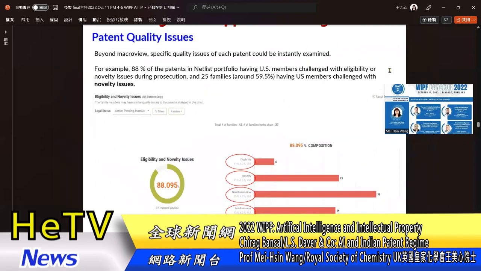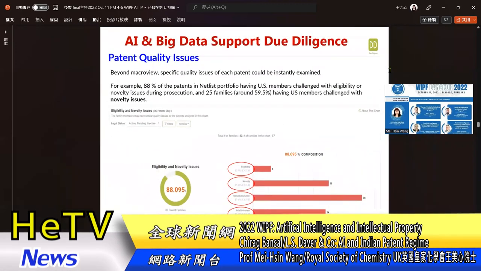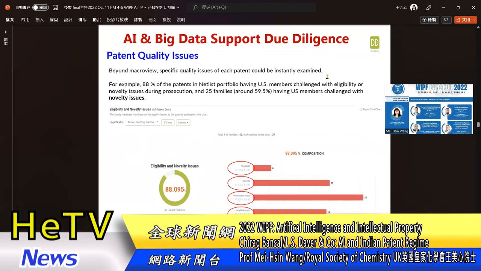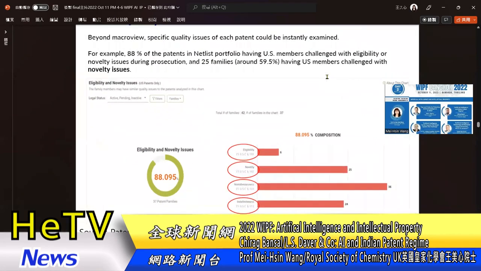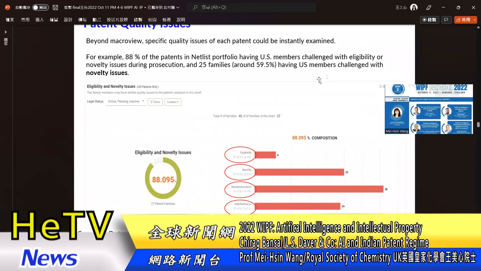The modern AI tool could support due diligence beyond a macro view, and it could specifically categorize the quality issues of each patent, which could be instantly examined. For example, 88% of patents in Netlist's portfolio have had US office action challenges with eligibility or novelty issues during the prosecution.